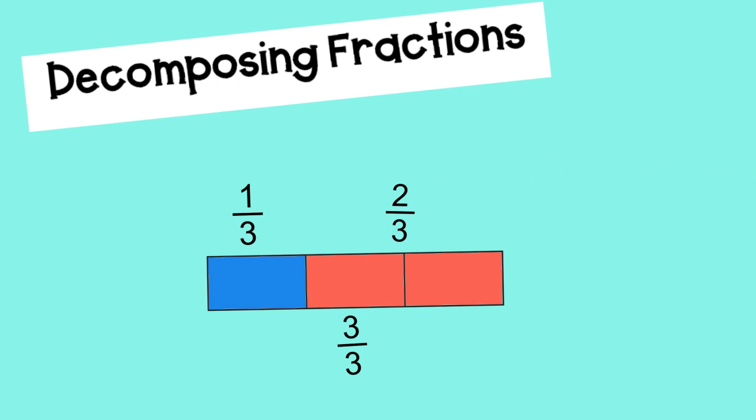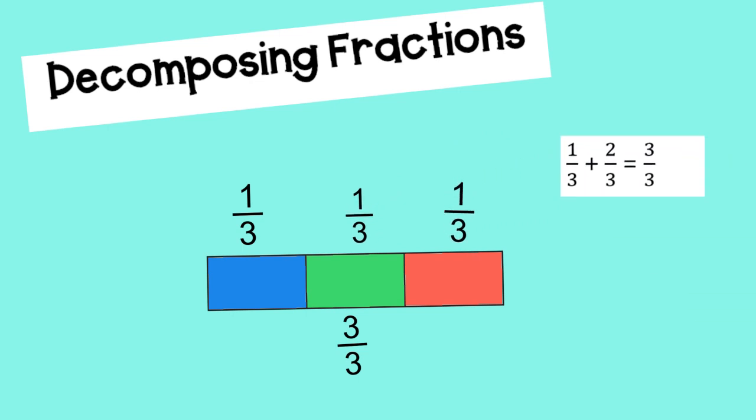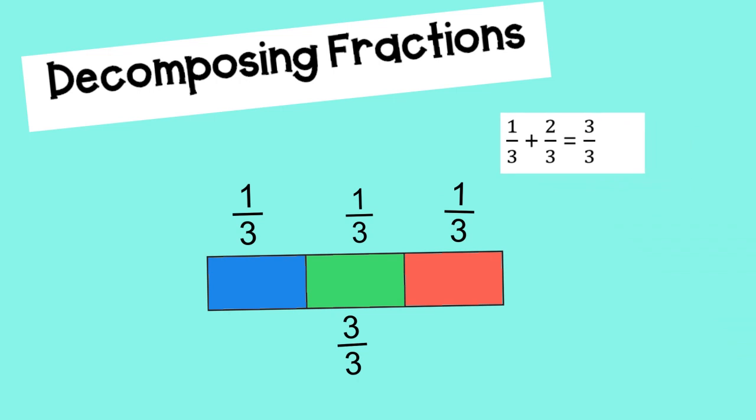Each part would be 1/3. 1/3 plus 1/3 plus 1/3. So 2 different ways to decompose the fraction 3/3. We could decompose it as 1/3 plus 2/3 equals 3/3, or 1/3 plus 1/3 plus 1/3 equals 3/3.